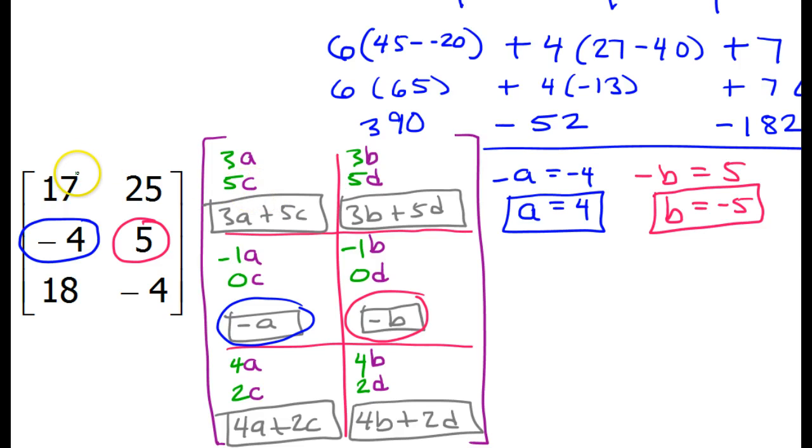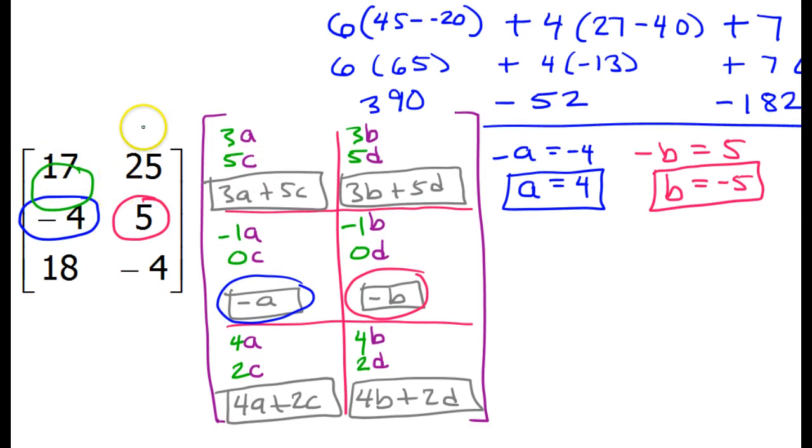All right, look at this entry. I said this entry must equal this entry. These are corresponding entries. So that means that 3A plus 5C must equal 17.